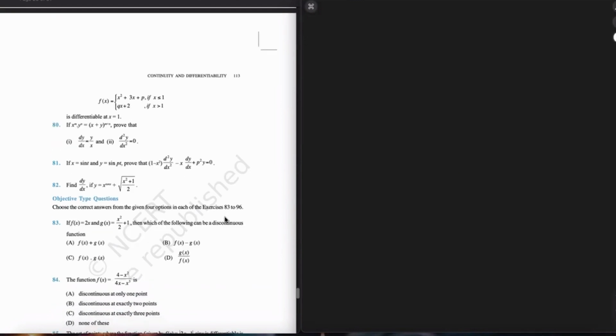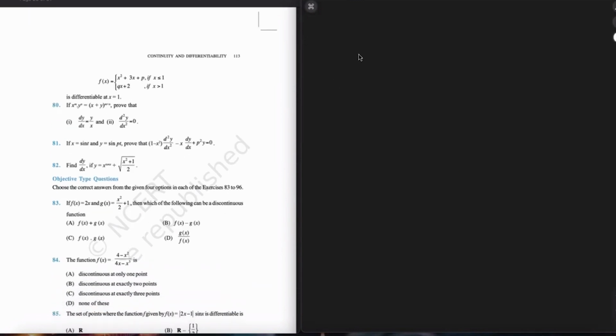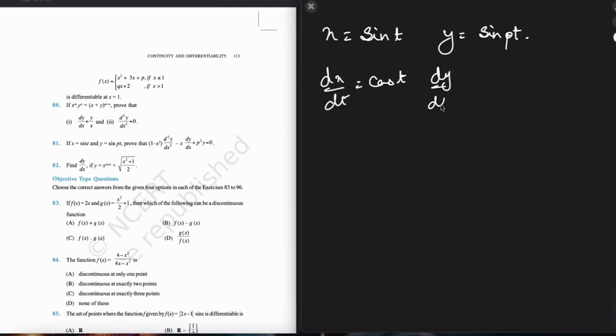Now question number 81. So if x is equal to sin t, y is equal to sin pt, then we have to prove something. dx upon dt will be cos t, dy upon dt will be p times cos pt.